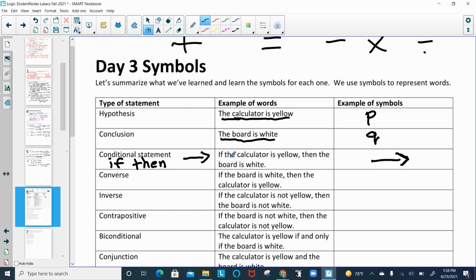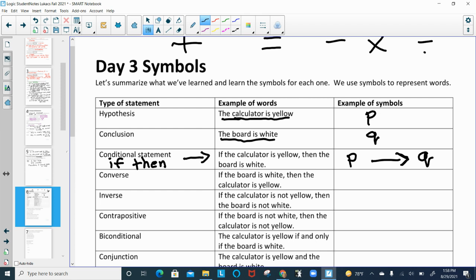But we also have the calculator is yellow, and remember, that is represented by the letter P. And then we have the conclusion, the board is white, represented by Q. So the arrow means if-then. This is your hypothesis. This is your conclusion.